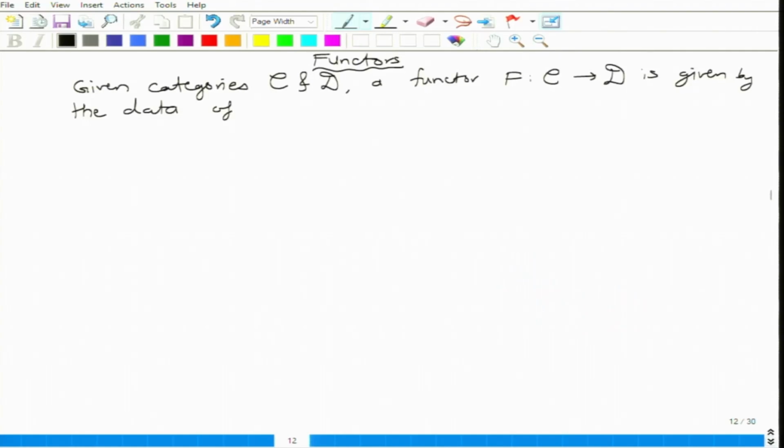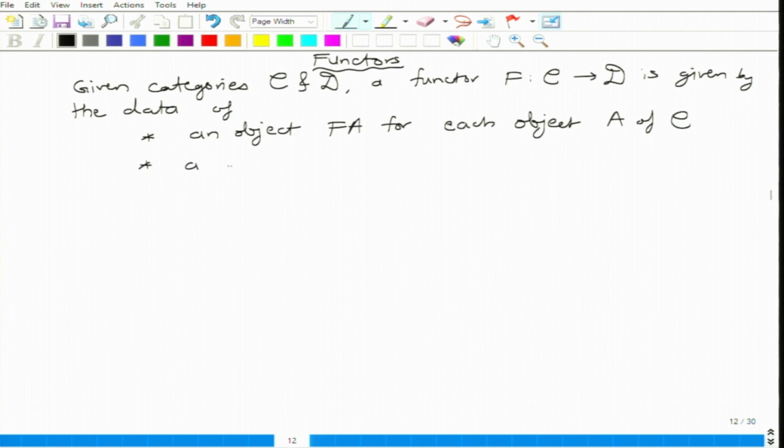the composition. So this is given by the data of, first, an object Fa for each object A of C. So an object should get mapped to another object.